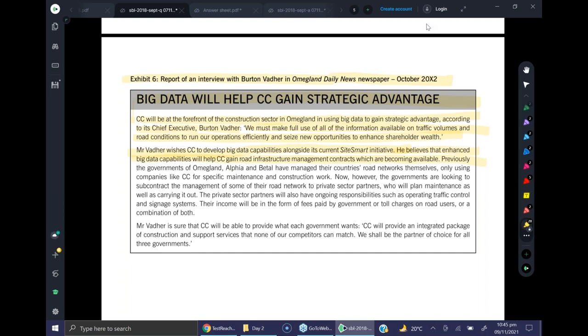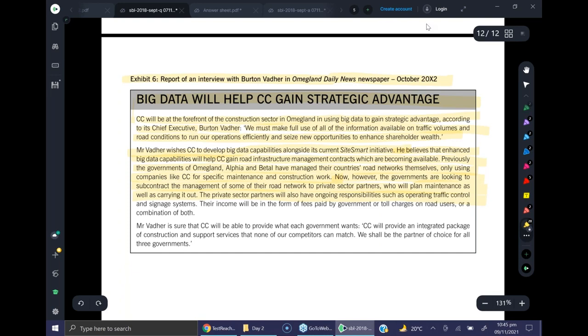Previously, the governments of Omegland, Elfia, and Beetle have managed their country's road network themselves, only using companies like CC for specific maintenance and construction work. Now, however, the governments are looking at subcontracting the management of some of their road network to private sector partners who will plan maintenance as well as carrying it out. The private sector partners will also have ongoing responsibilities such as operating traffic control and signage systems.